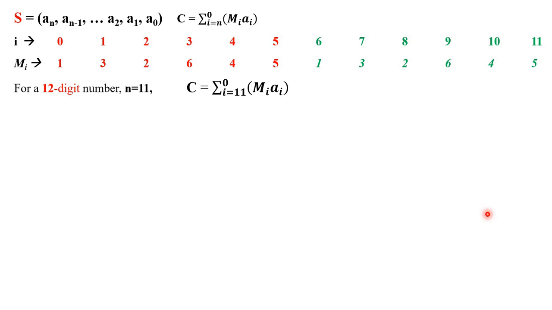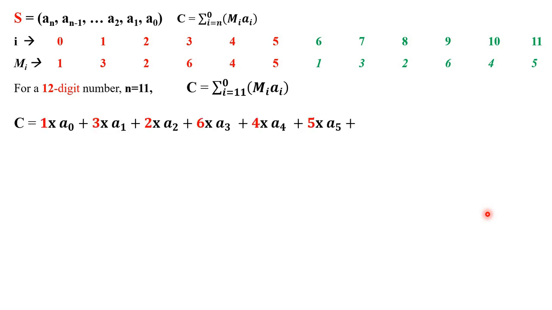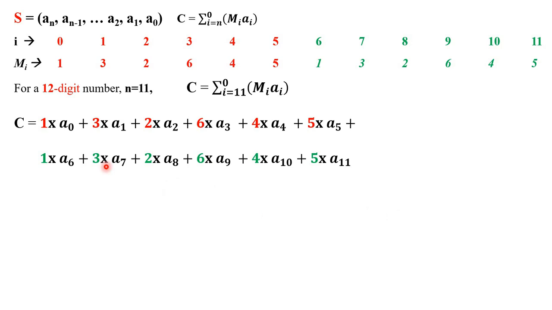That means n equals 11; 0 to 11 means 12 digits. In general, we will use the red colored 1, 3, 2, 6, 4, 5, the Mi values, and from i equal to 6 onwards you use the green one, which is again the same: 1, 3, 2, 6, 4, 5.